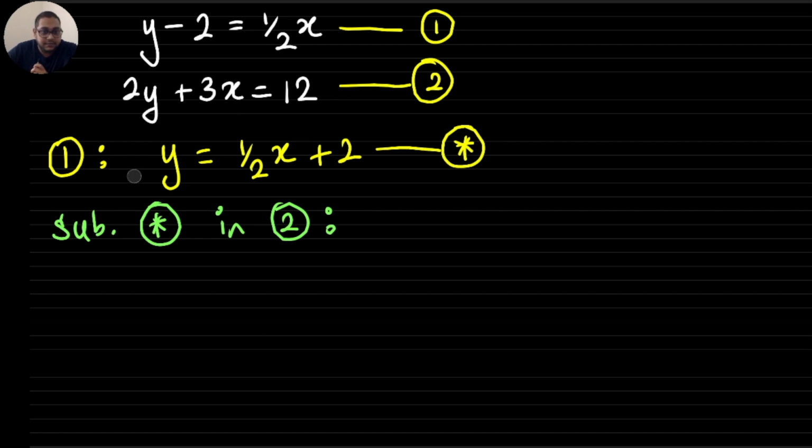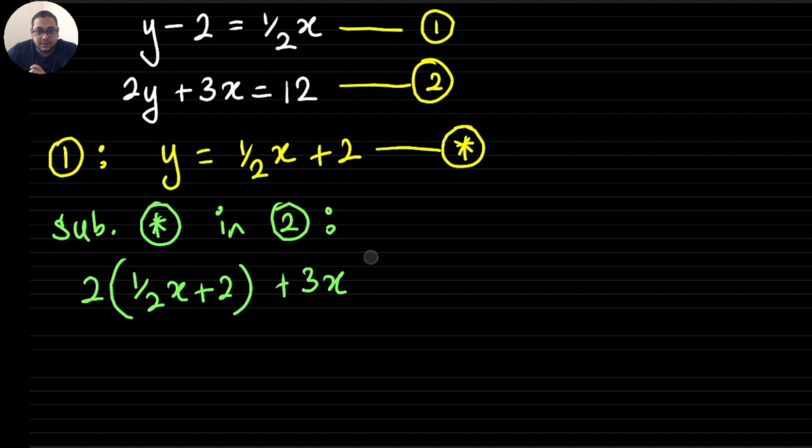This will now become 2 multiplied by, I'm going to use a bracket for y, half x plus 2, close bracket, that will be your new y, plus 3x. Everything else will stay the same, 3x equals 12. Expand your bracket here, so that will be x plus 4 plus 3x equals 12.